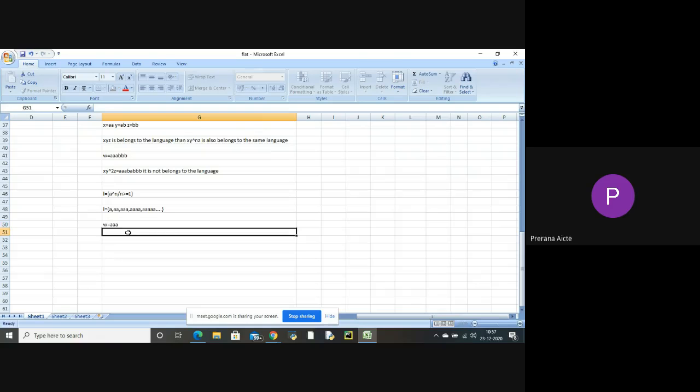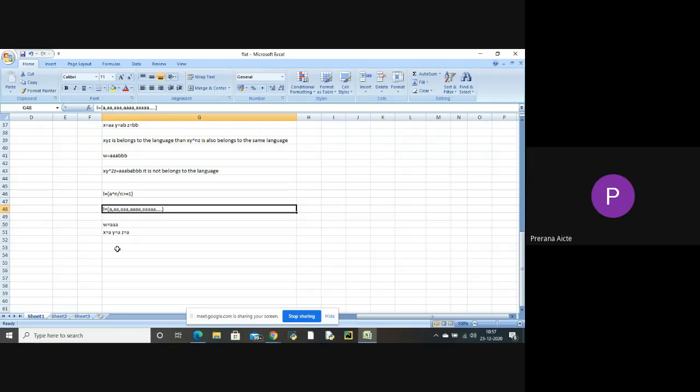So I need to divide the given string into 3 parts. X is equal to A, Y is equal to A, and Z is equal to A. So if XYZ belongs to given language L, X Y power n Z also belongs to the given language.